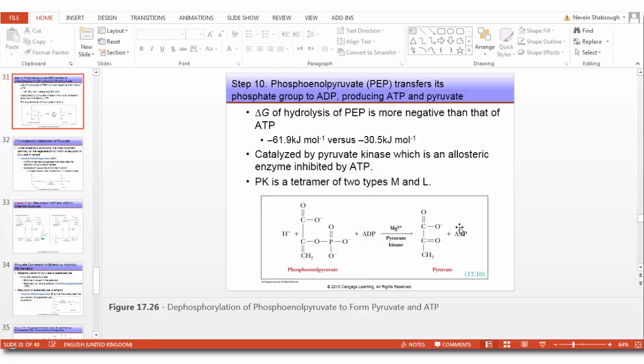Delta G of hydrolysis of PEP is more negative than that of ATP, catalyzed by pyruvate kinase. This is an allosteric enzyme and is inhibited by ATP. It is a tetramer of two types, M for muscle and L for liver, and we will talk about its control towards the end. End of part 1.